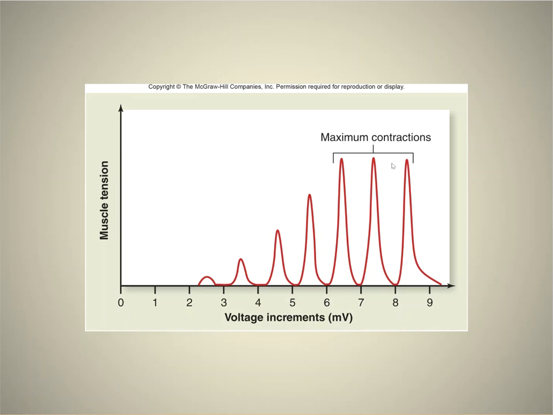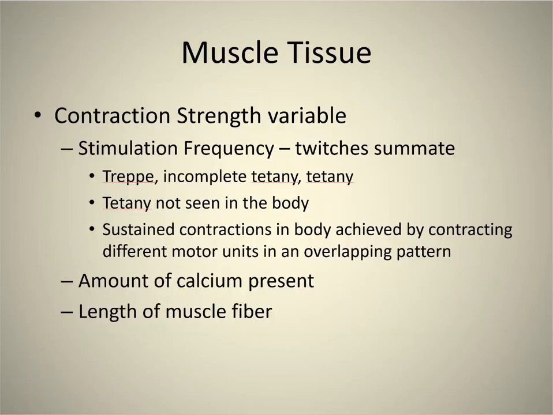You give 7.5, you give 8, 8.5, it doesn't change. At this point, you are firing every single fiber in the muscle. All motor units are firing, and so now it doesn't matter whether you get a higher and higher stimulus intensity. You're not going to get any greater contraction.